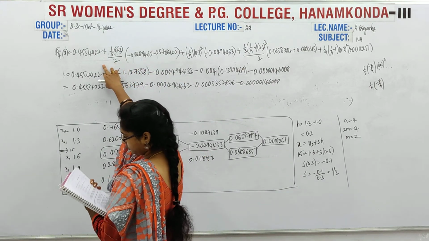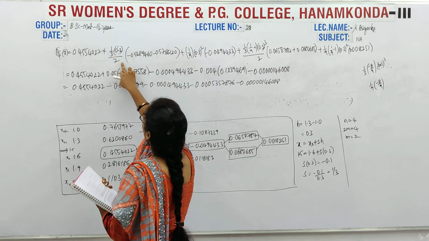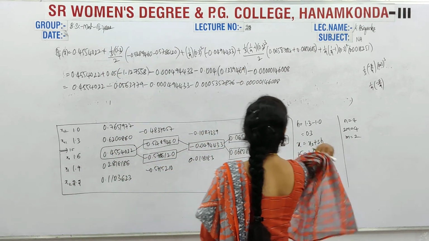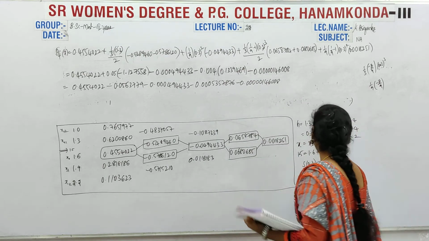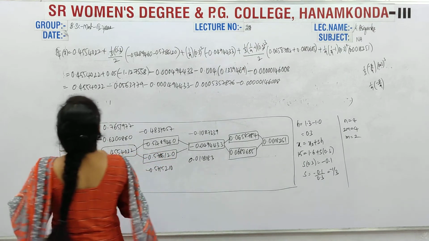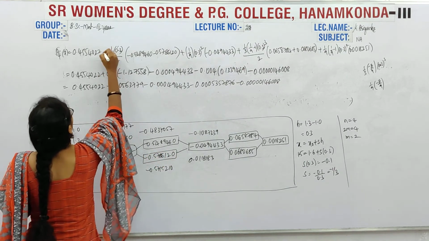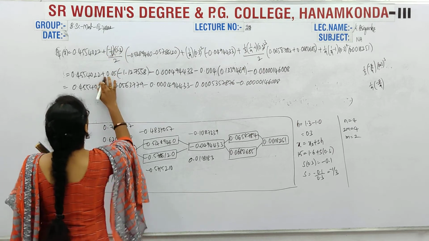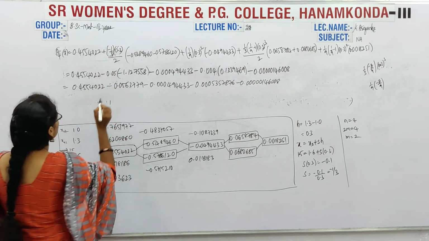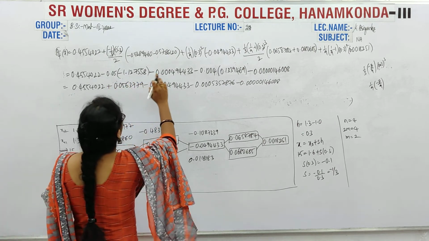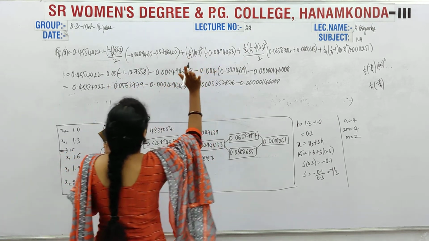Okay, so once see where it is, wait, I'll check the value. 0.4554022 and here the value of s is minus 1 by 3. Same thing, that's it, but here just plus minus 1 by 3. So here we will get minus, so here minus into minus plus. Next here whole square, so plus only.